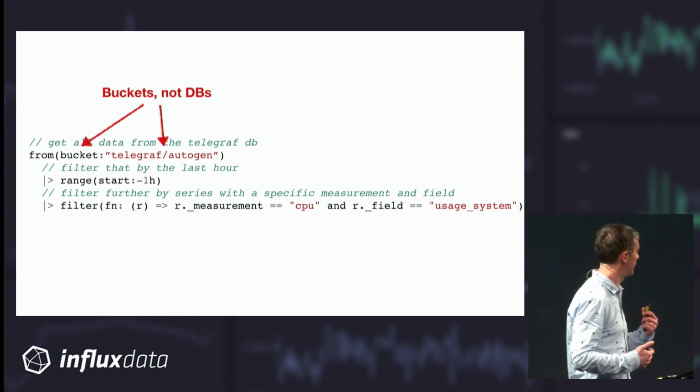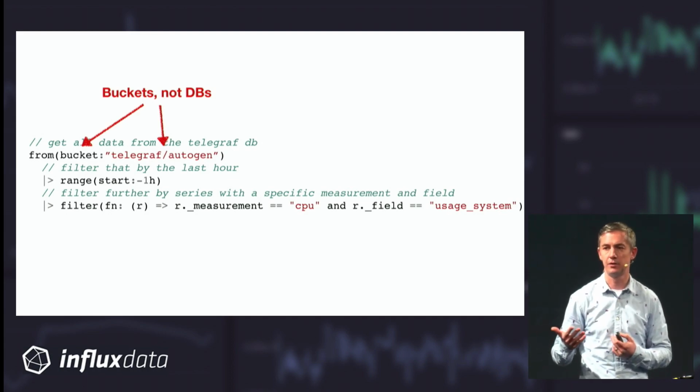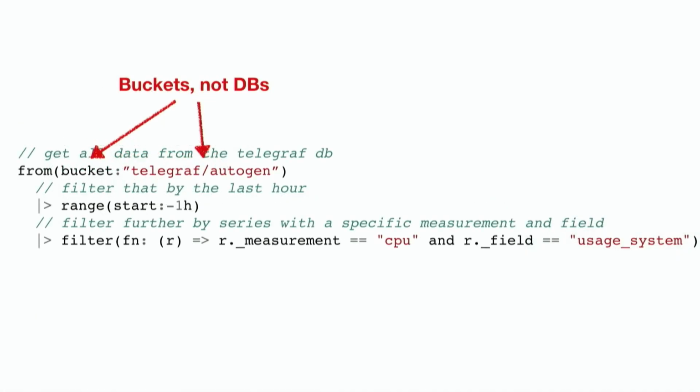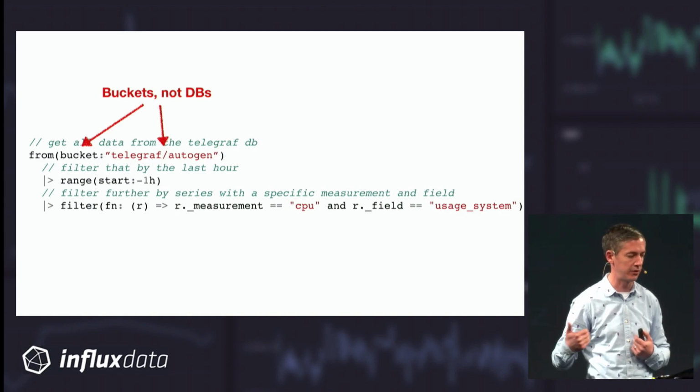One thing to point out is we're talking about buckets, not databases and retention policies. One of the reasons we decided to call it a bucket instead of a database is that for people who have been database administrators, database means a certain thing in your head, right? It means a certain layout in the file system and all this other stuff.